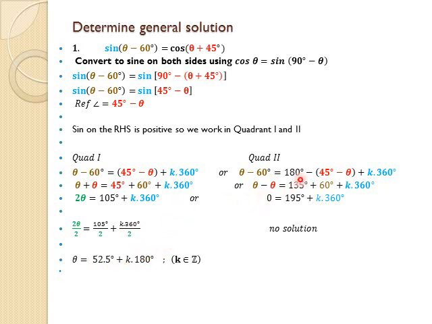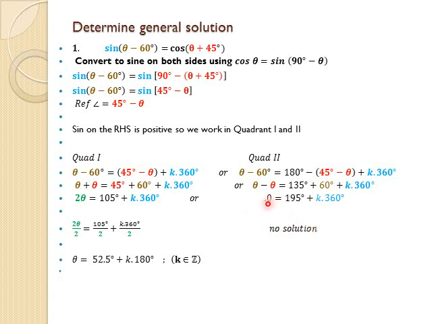This side here, if I take negative, that's negative times negative, gives me positive theta. If I bring it over, it becomes negative theta. 180 minus 45 is 135. If I take negative 60 over, plus 60. 135 plus 60 would give me 195, but theta minus theta becomes 0. So 0 equal to that, no solution.